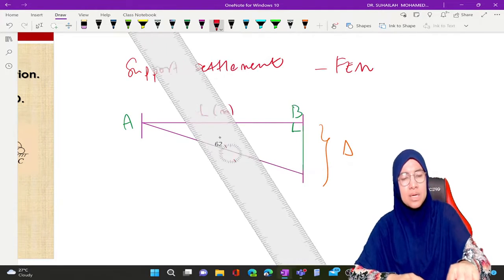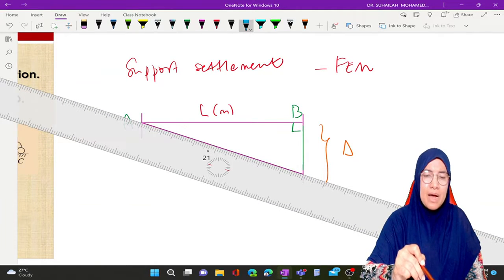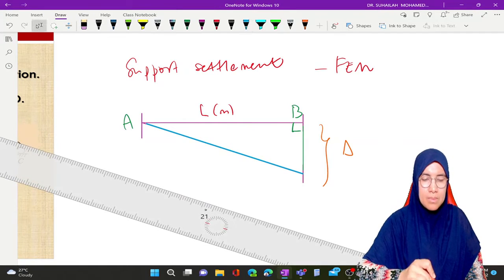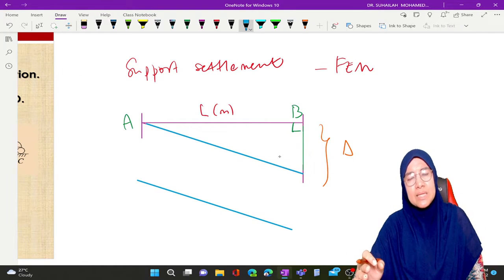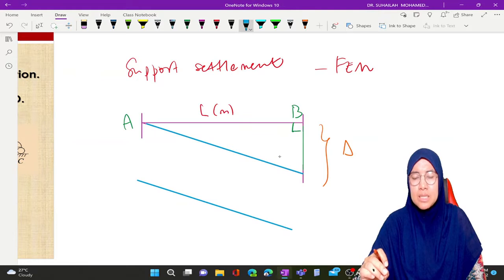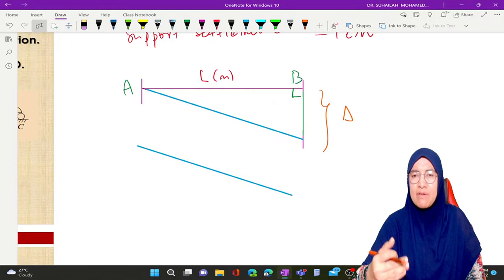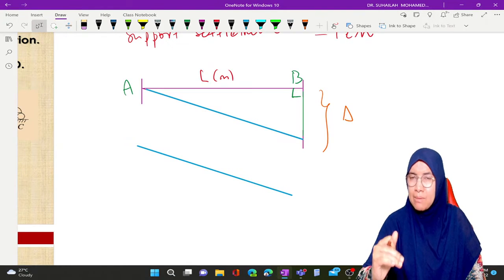Please focus on the beam after settlement. If B is settled, the beam after settlement is going to be like this. So we have to apply moment at both ends, A and B. How to do that?